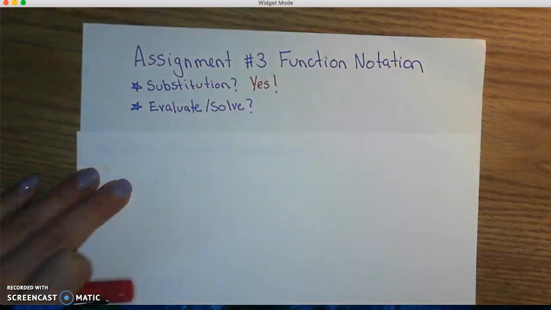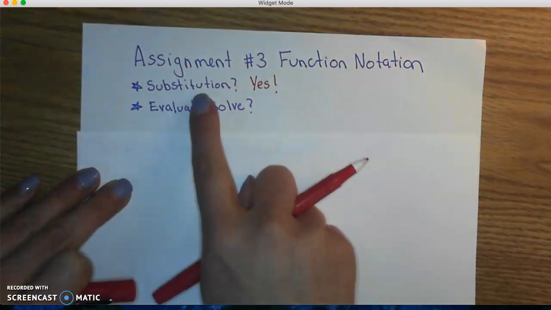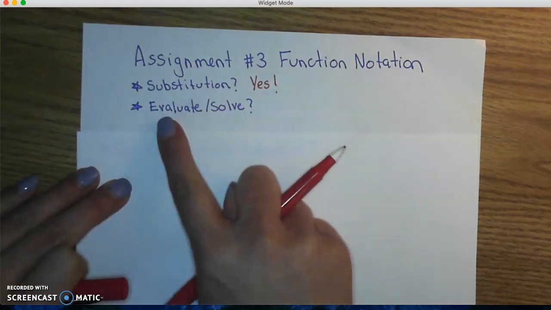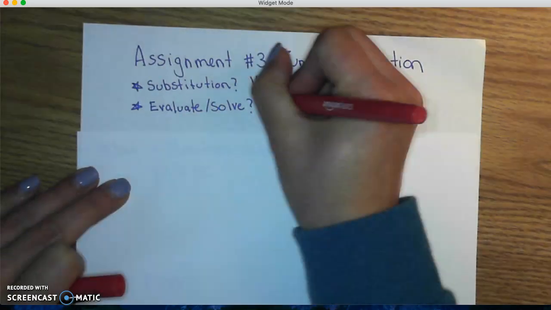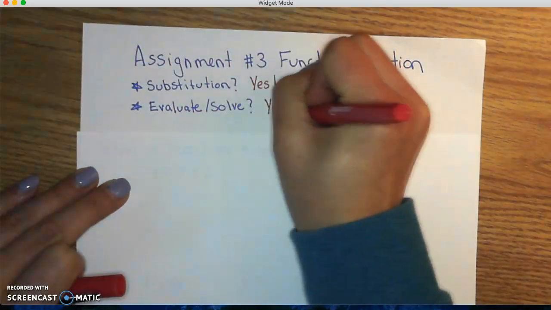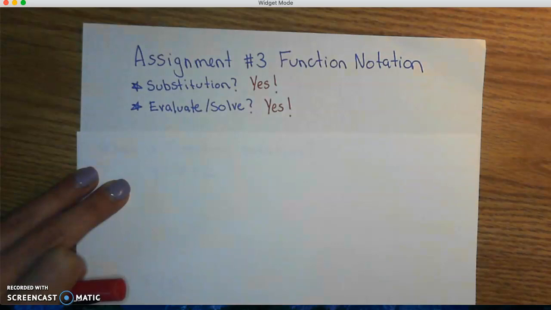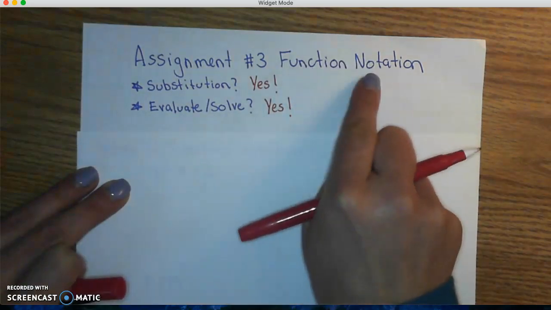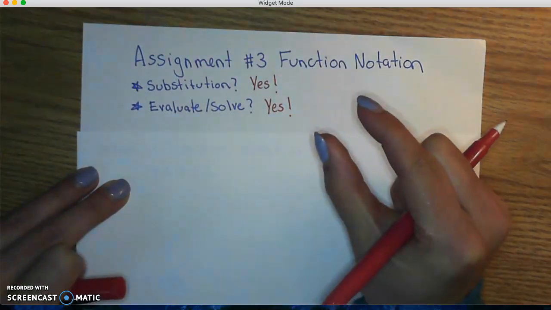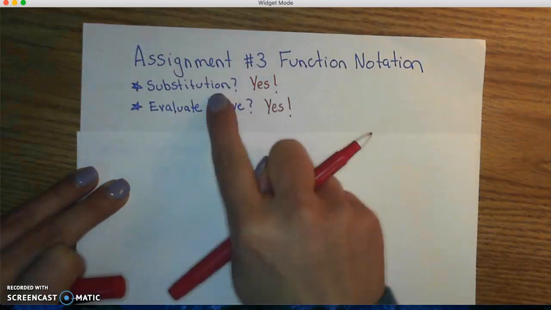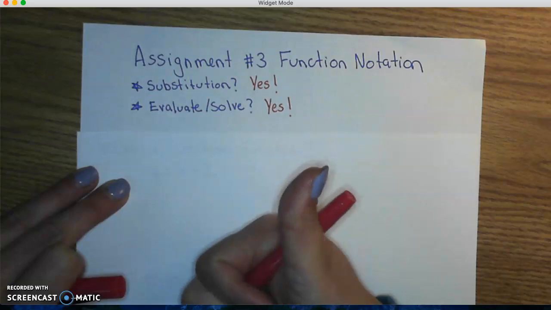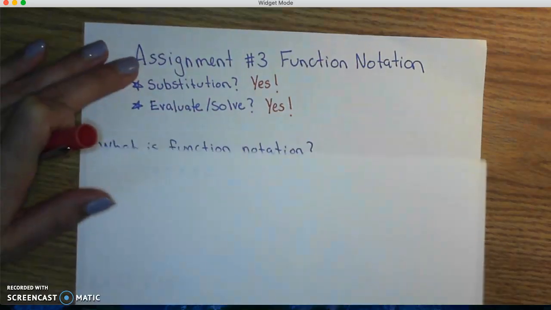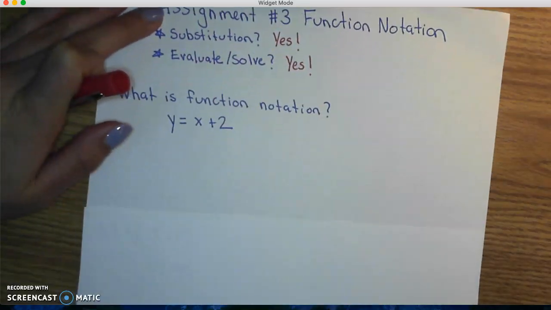And then after you substitute, it depends on you understanding how to evaluate and solve. And again, yes, I know that you do know how to do this. So function notation is a little bit new, but if you can do substitution and if you can evaluate, you should be A-okay. So, what is function notation?